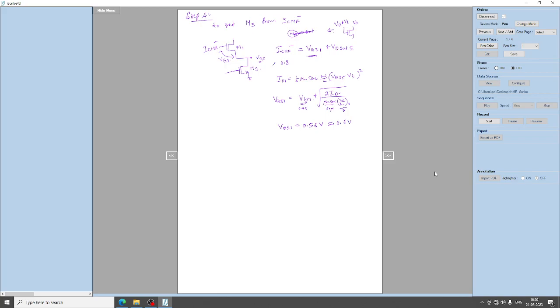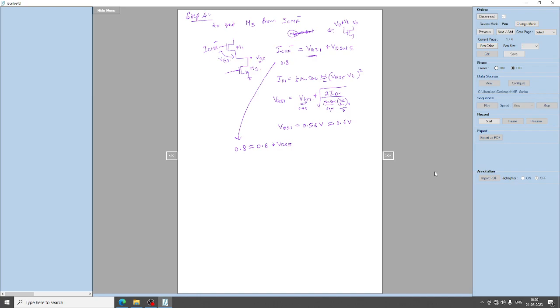Substituting in this expression, we have 0.8 equal to VGS1, which is the same 0.6, plus VDS of transistor 5.